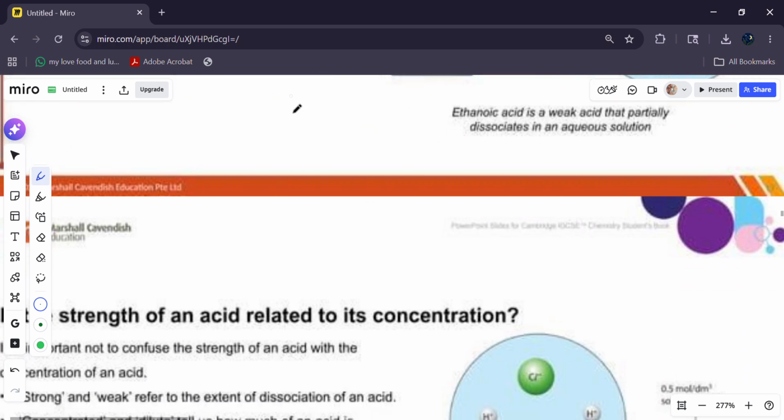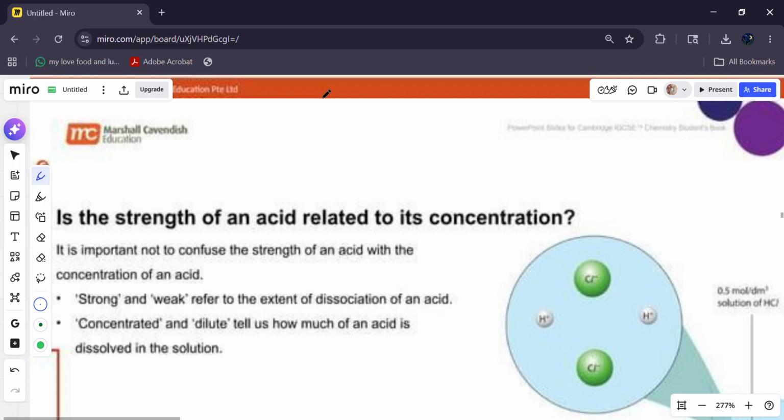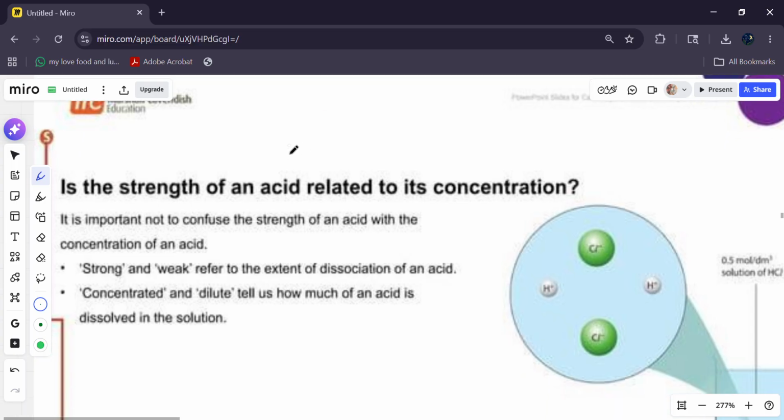Now let's move on to the strength of an acid related to its concentration. It is important to not confuse the strength of an acid with the concentration of an acid. Yes, strength and concentration of an acid are different. Strong and weak refer to the extent of dissociation of an acid, while concentrated and dilute tell us how much of an acid is dissolved in the solution.